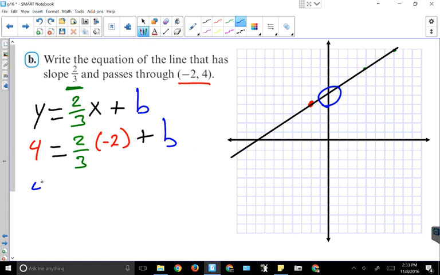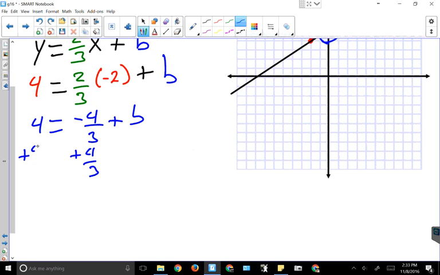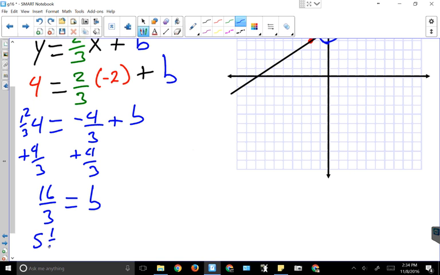So we end up with 4 is equal to -4/3 plus B. Let's see, I add 4/3 to both sides. Add 4/3. 4 is the same as 12/3, yes? Okay. So that gives me 16/3 is equal to B. If I simplify that down, that comes to 5 1/3 is equal to B.